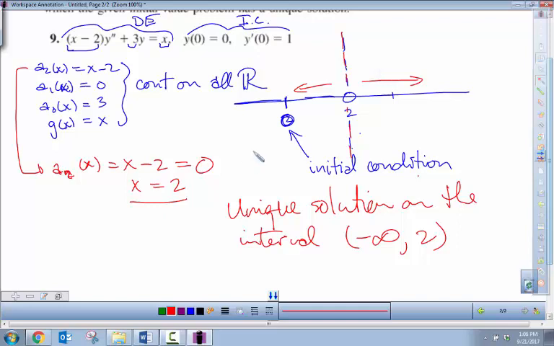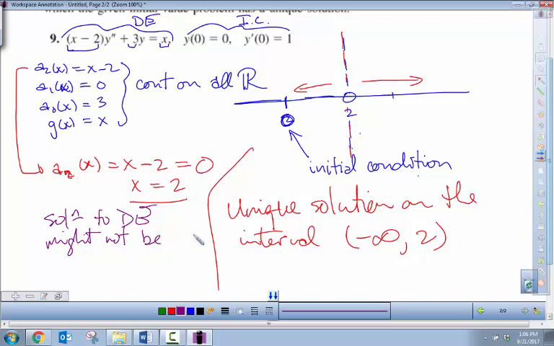Might not be. Usually not. I'm trying to think if it ever is. And I can't think of an example where it is. Gray areas.